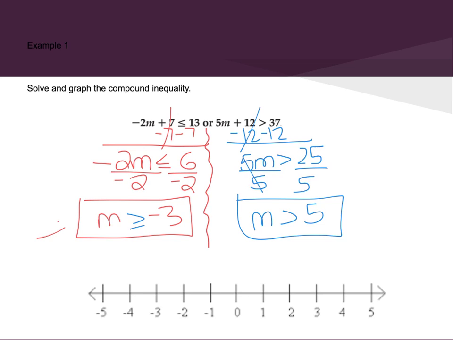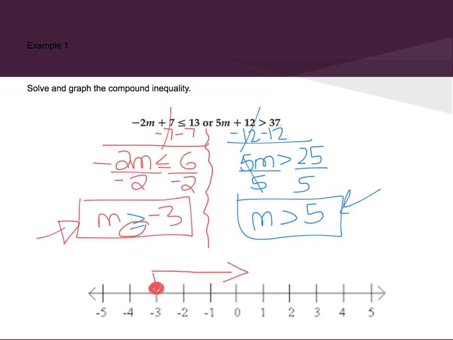First I'm going to graph m is greater than or equal to negative 3, and since there is the greater than or equal to part of that inequality, I'm going to shade in the circle above negative 3. And since it is greater than, I'm going to shade to the right. Okay, I finished with that particular inequality.